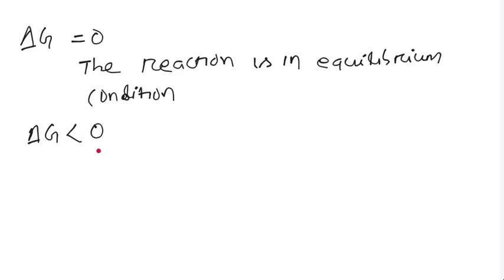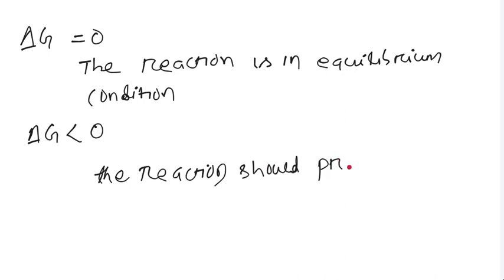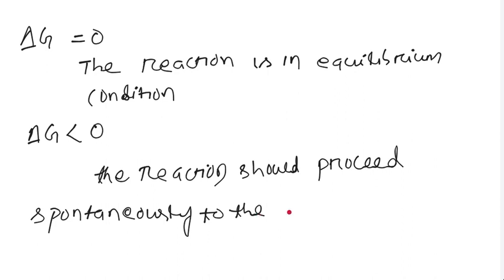If delta G is less than 0, the reaction should proceed spontaneously in the direction of product.